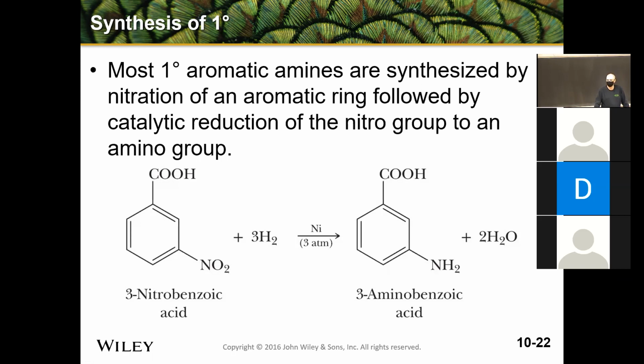We didn't have a method for introducing an amino group onto the ring. And so what we typically do is we'll nitrate and then we'll reduce. You can reduce by hydrogenation. You can also use an active metal.